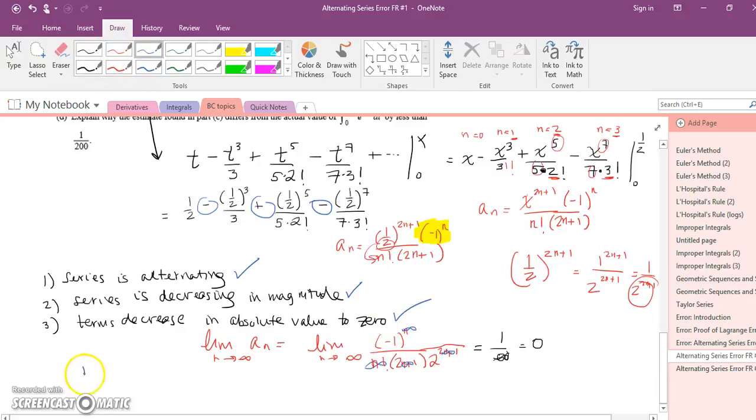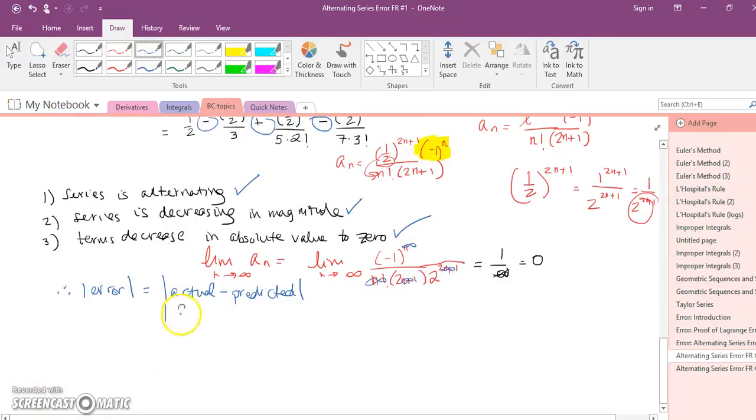So now let's actually do our error bound. So we can say, therefore, the error, which is actual minus predicted, is going to be, now my actual is right here, the integral from 0 to 1/2 of e to the negative t squared dt minus predicted.